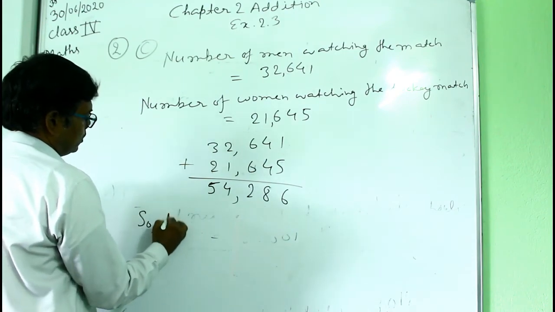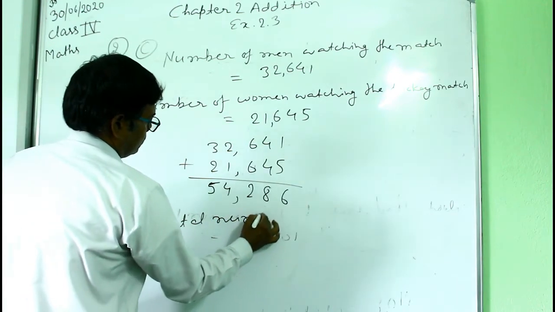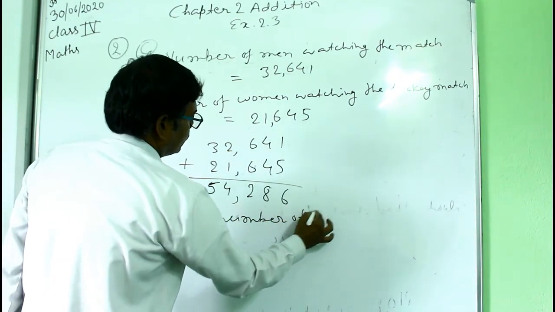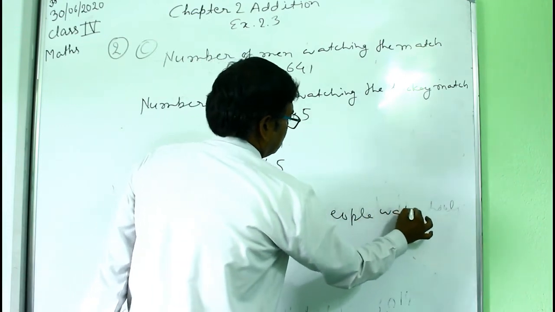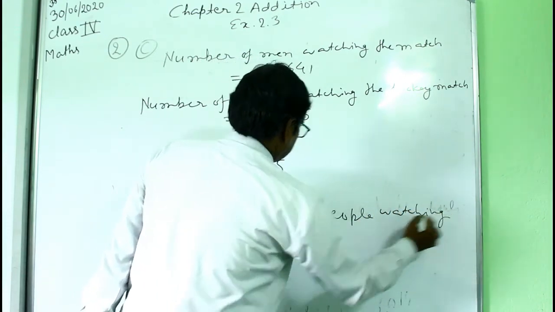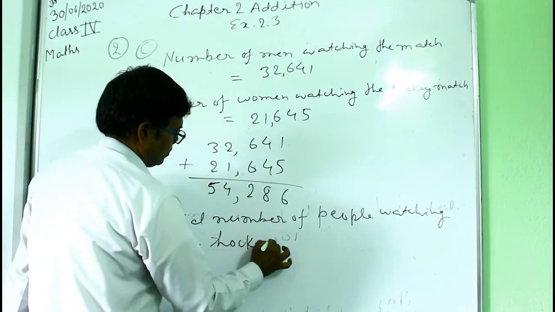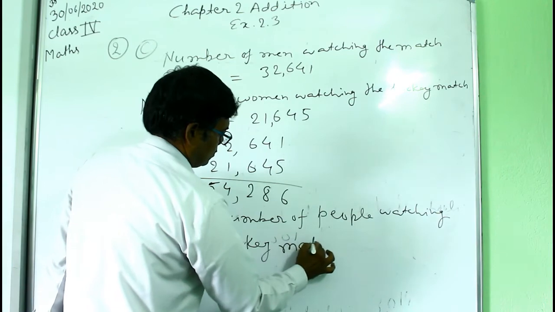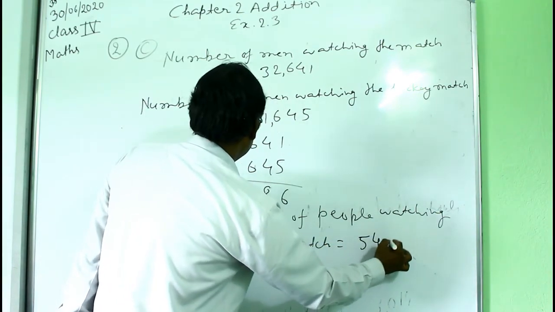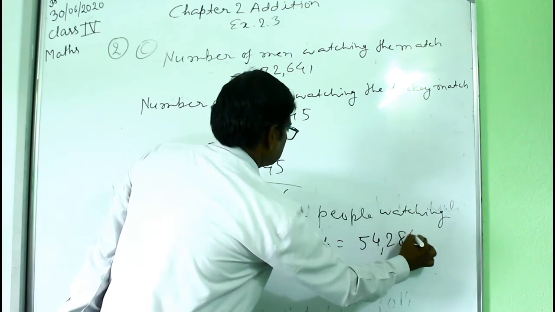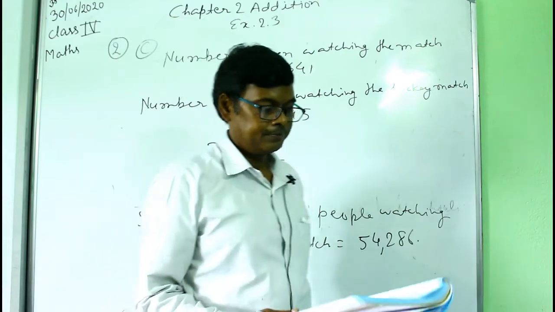So here you will write, total number of people watching the hockey match equal to 54,286. Okay, so this is the answer of this question.